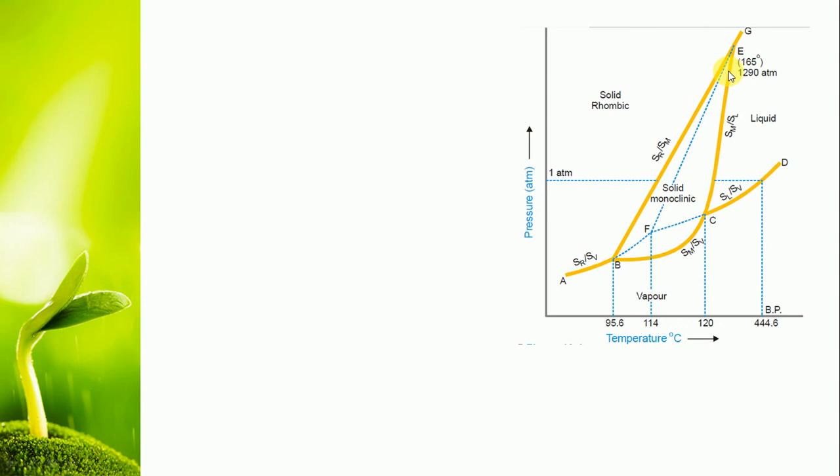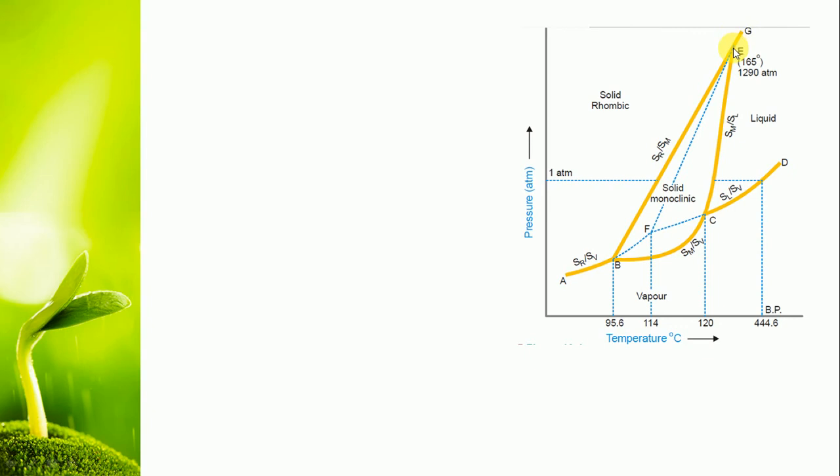The line CE: along this line the monoclinic sulfur and liquid sulfur exist in dynamic equilibrium. It is also a one component, two phase system. The line EG: along this line the solid rhombic sulfur and liquid sulfur exist in dynamic equilibrium. It is also a one component, two phase system.